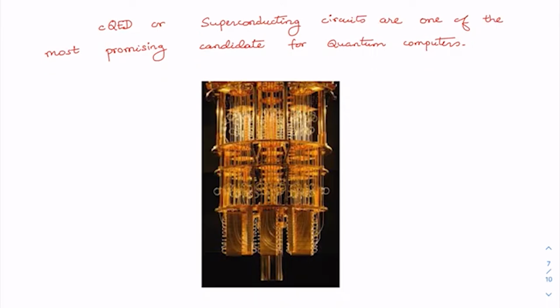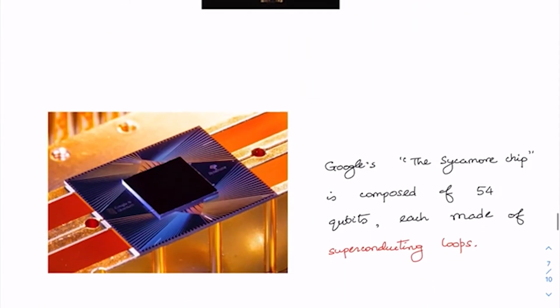In 2019, scientists at Google claimed that they have achieved the so-called quantum supremacy. That is, they have made a quantum machine which could perform a calculation that would be practically impossible for a classical machine.